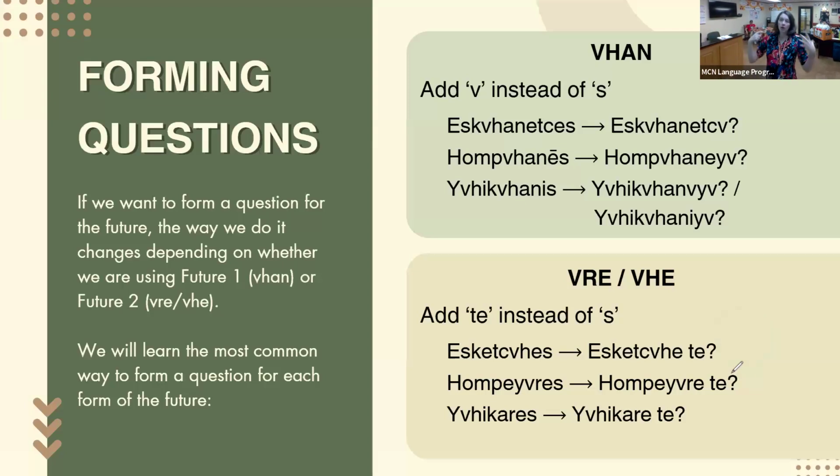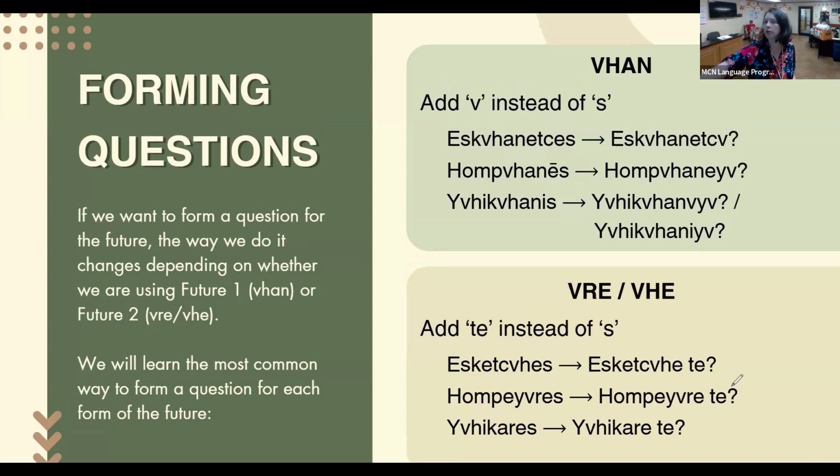So since we showed it a little bit before in that one example, so what's a nice good color for this? Let's go with maybe this one. It did come up in the time when we were doing practices. I want to talk about forming questions in this form. So how do we form a question for the future?